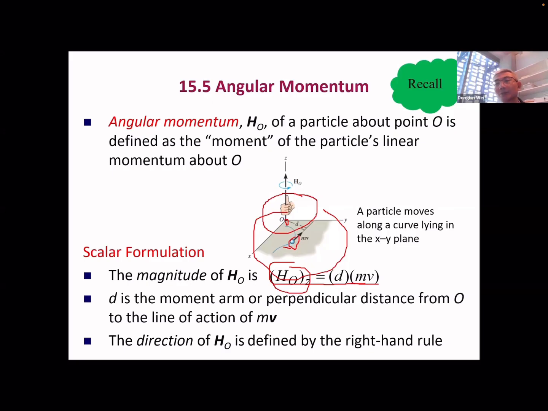In this case, the direction of angular momentum about the axis going through point O is counterclockwise, upward. So that's angular momentum for a particle.